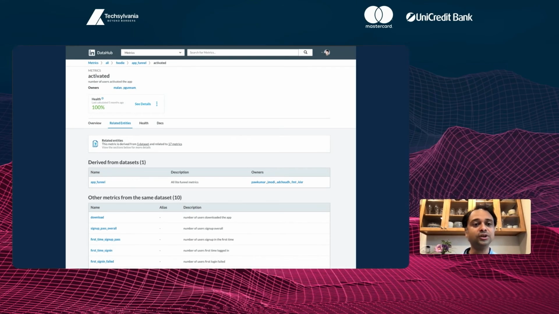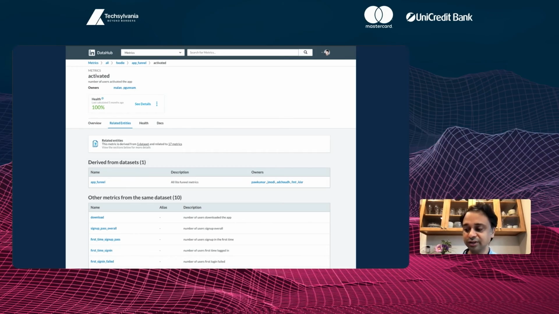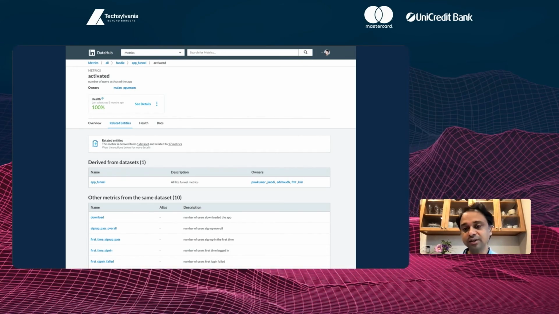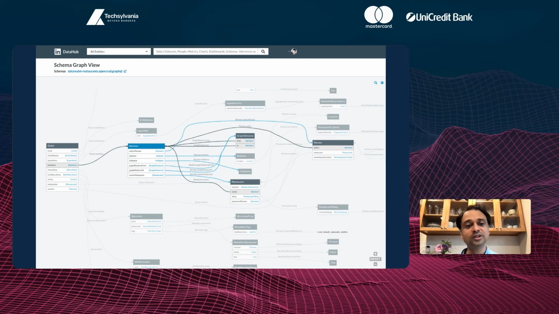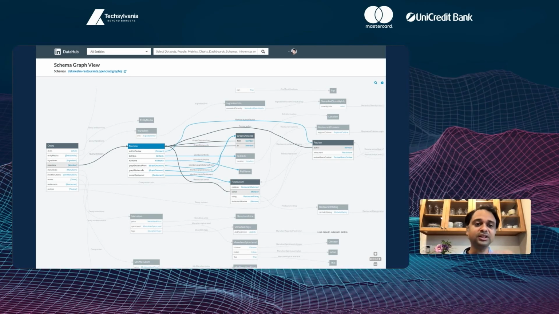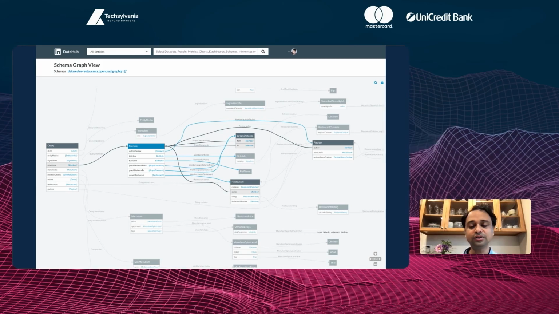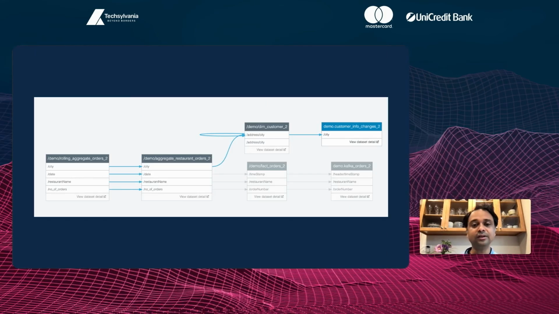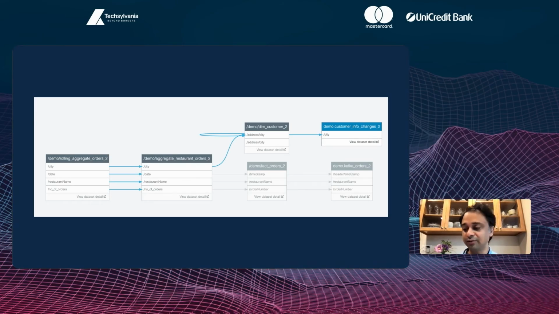You can see who the owners are, what the schemas look like, which metrics are derived from this data set, and which data sets depend on it. You can start to see this graph, and you can navigate the entire graph. You can see a few levels of data sets that you depend on, a few levels of data sets that derive from it, and really traverse that graph, if you will.